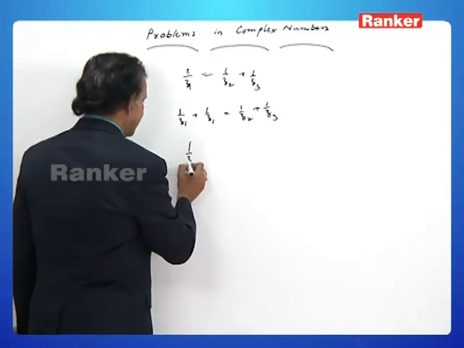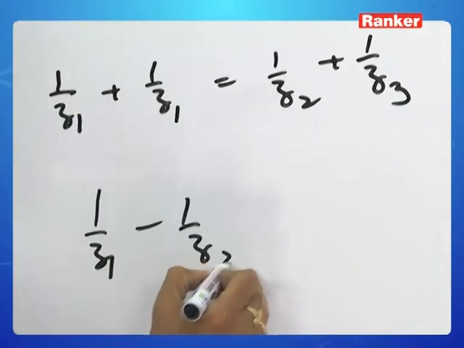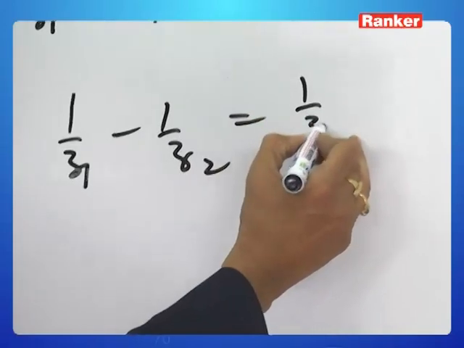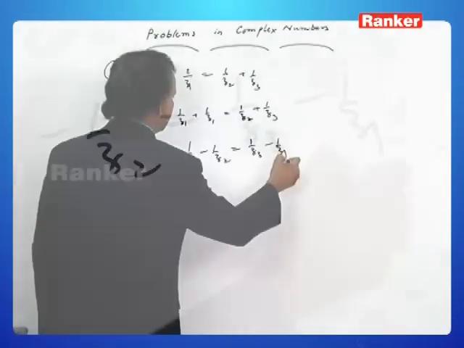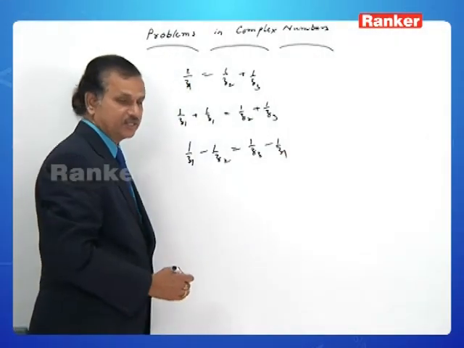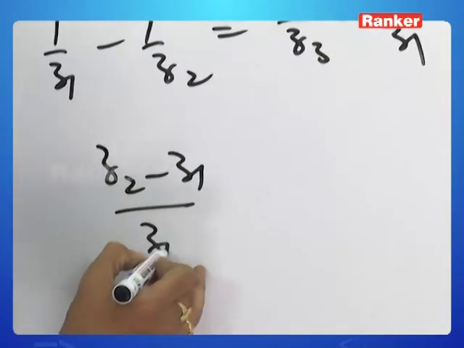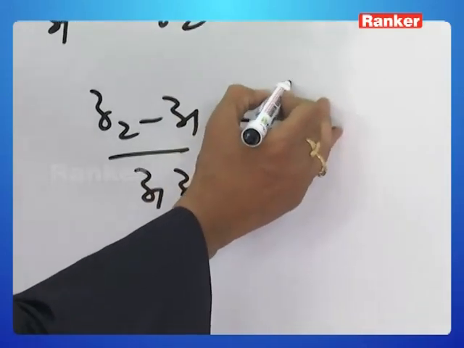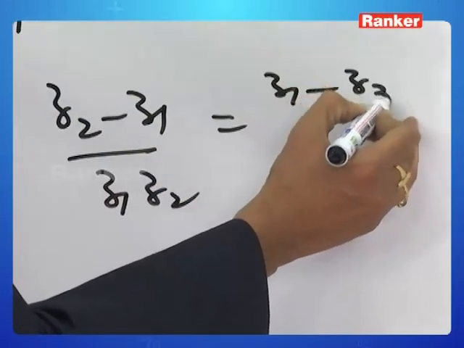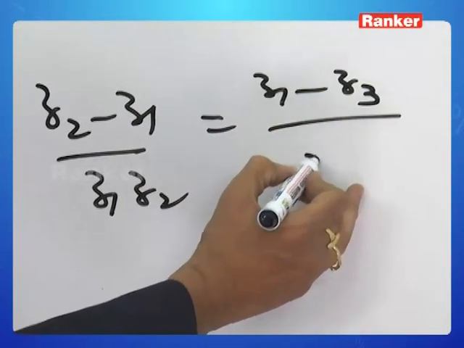Therefore, 1 by Z1 minus 1 by Z2 is equal to 1 by Z3 minus 1 by Z1. Right? Therefore, (Z2 minus Z1) by Z1 Z2 is equal to (Z1 minus Z3) by Z3 Z1.